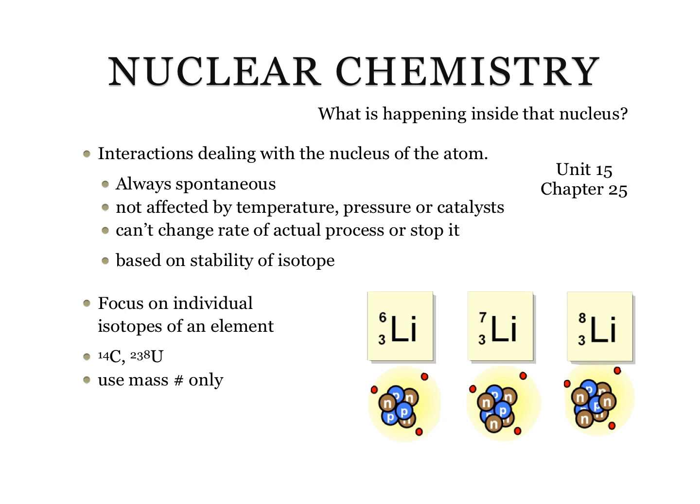Some observations about nuclear chemistry. First of all, it's always spontaneous. If a nuclear change is going to happen, it will do so spontaneously. Another thing about nuclear situations is that they are unaffected by temperature, pressure, or catalysts. These things will have no effect on a nuclear situation. Next, you can't change the rate of an actual process or even stop it.